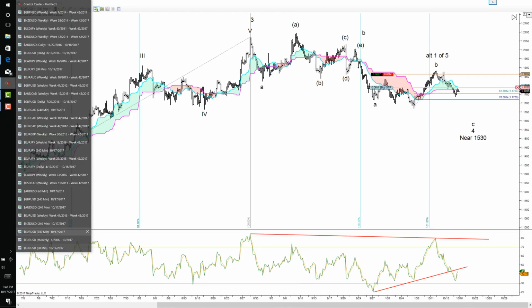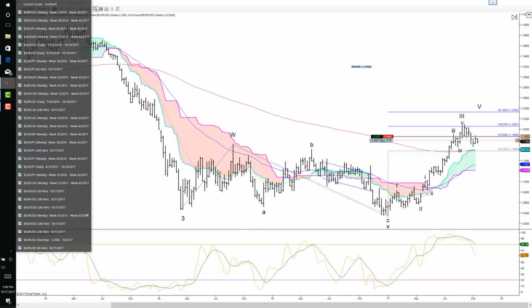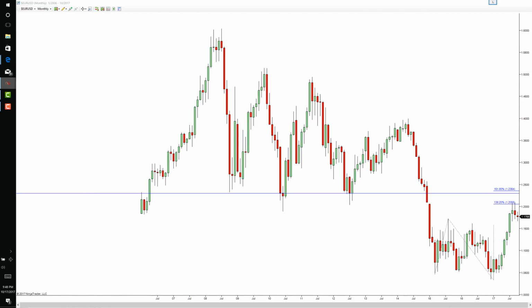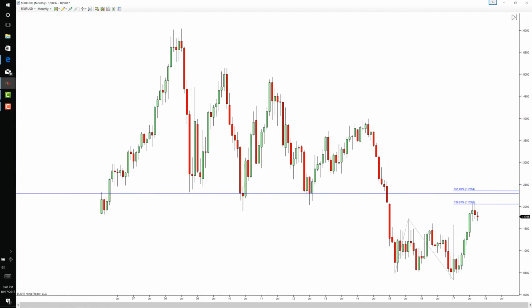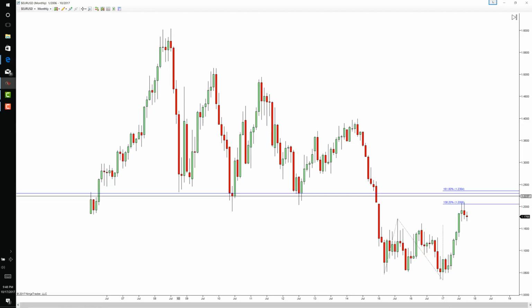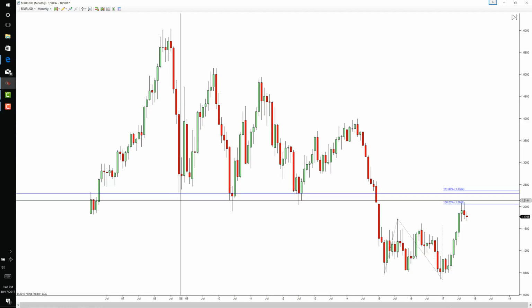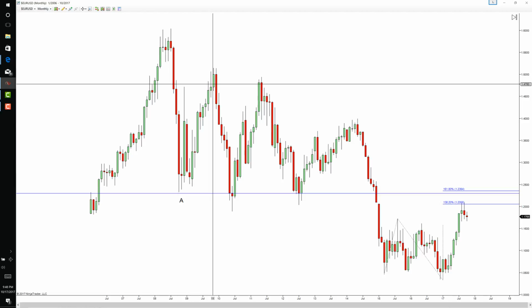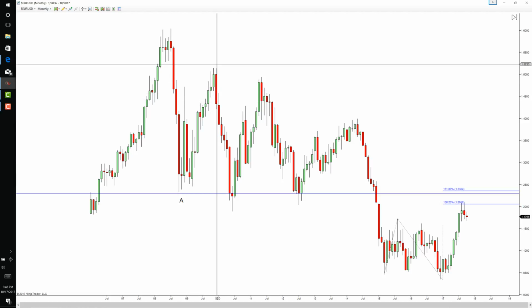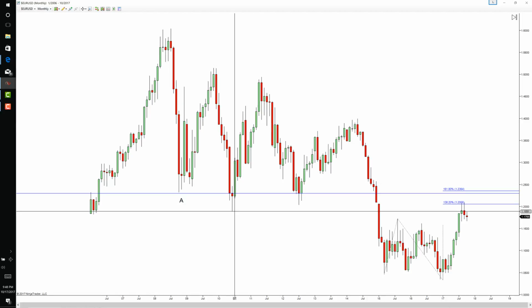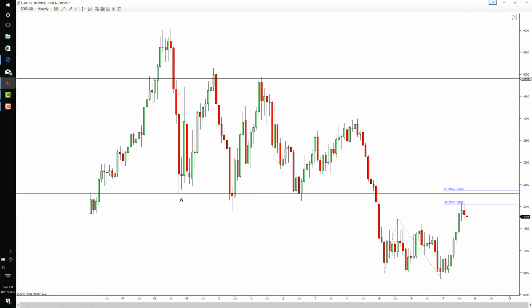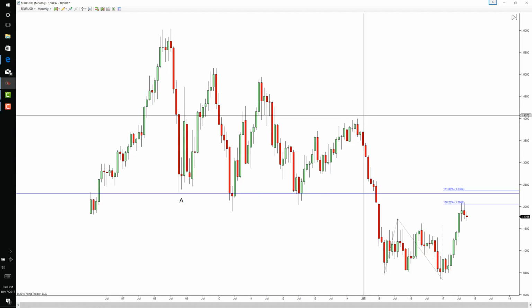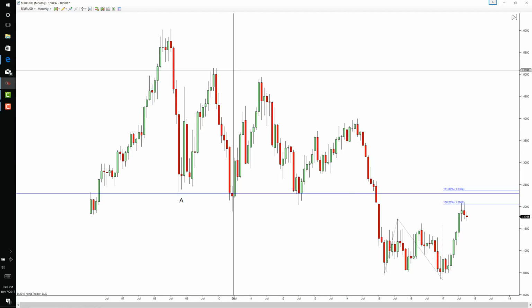If I can pull up a monthly, basically on the Euro monthly, this will be the A here. So on a monthly time frame, this will be the A. So let's do that. This can be a possible triangle where you have the A here, B here, C here, D here, and then E here for B. So it's a possible triangle here, which, let me show you that.